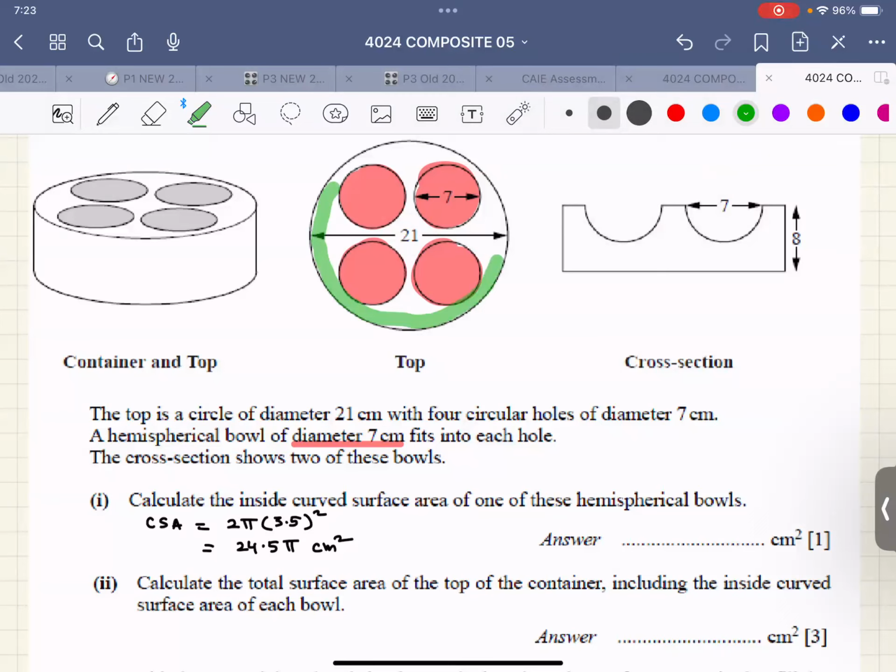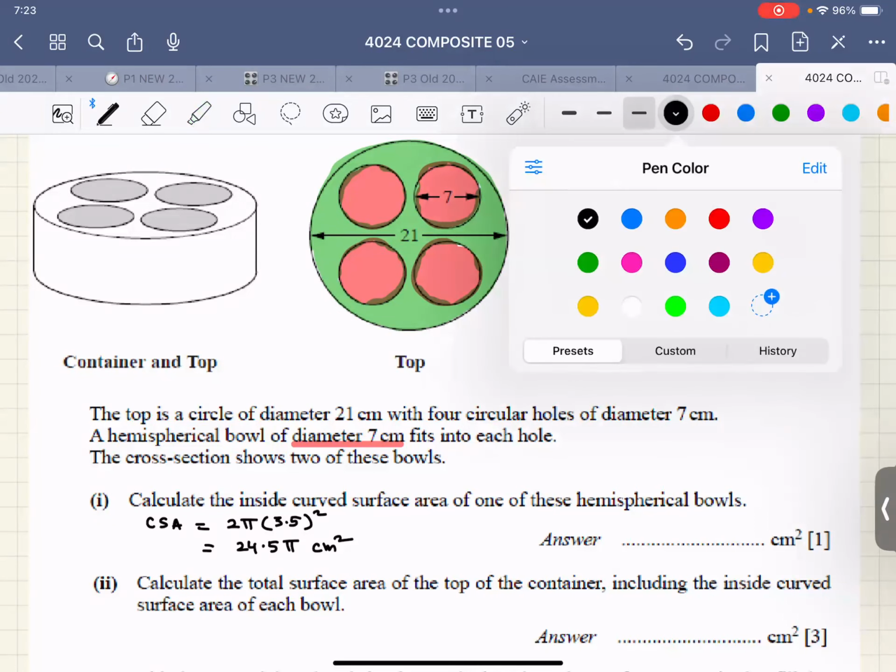And if I keep on going, so basically it's everything. It's the big circle minus these four small circles. If I look at it from the perspective that I am focusing on a two-dimensional figure. So I hope you are getting this, that this is the top, which is the big circle, minus four small circles. So first of all, let me get this green area.